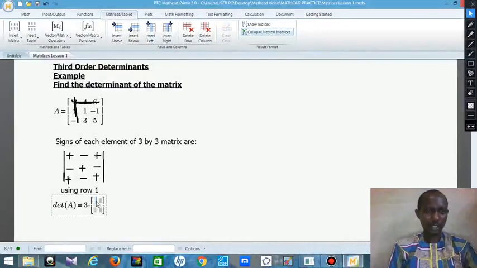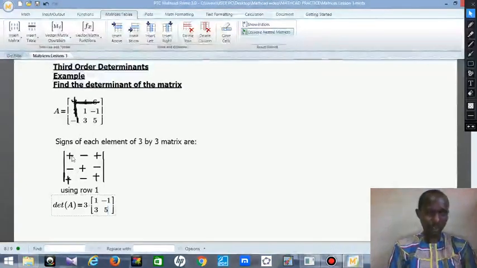So this one is 1, minus 1, 3, and 5. Take note. Since I'm using row 1, the sign attached to the first element here is plus.